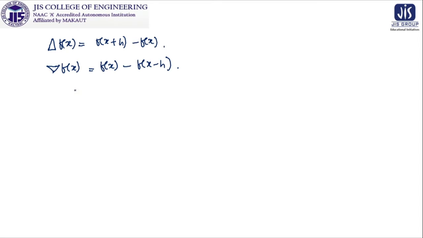So already we have the concept of the forward difference operator, and we know that del f(x) is equal to f(x plus h) minus f(x). And also according to the definition of the backward difference operator, we know that it is nothing but f(x) minus f(x minus h).